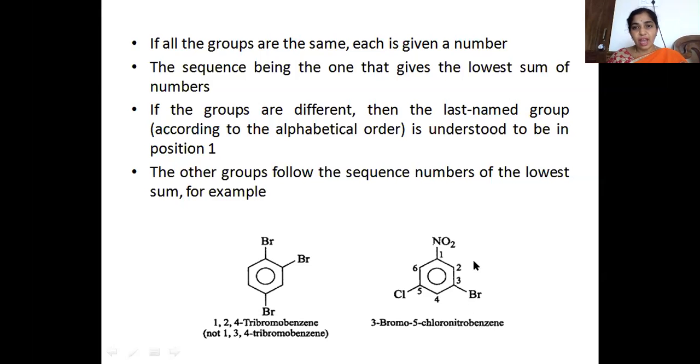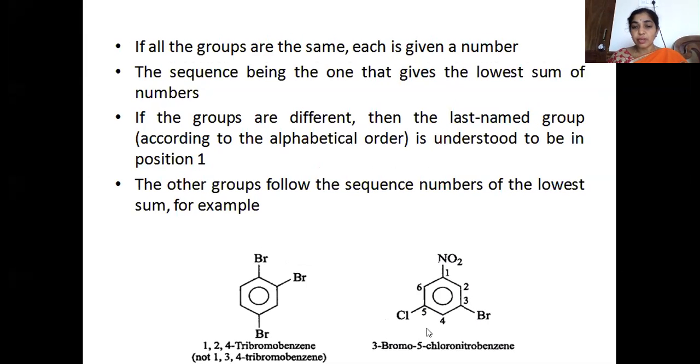Similarly, we have one more compound here. This is 3-bromo-5-chloronitrobenzene. Then you have to understand why here NO2 gets the first number. This is actually first a nitrobenzene; then the nitrobenzene is substituted with bromo and chloro groups. So here bromo gets written first, because bromo, B, comes first according to alphabetical order.